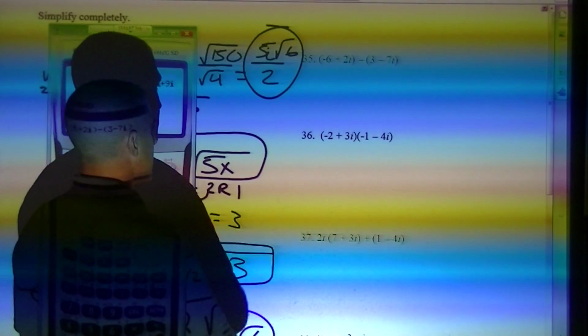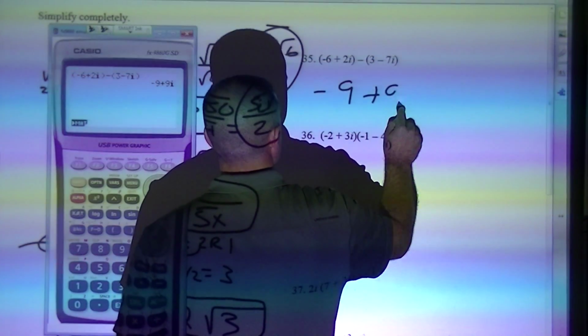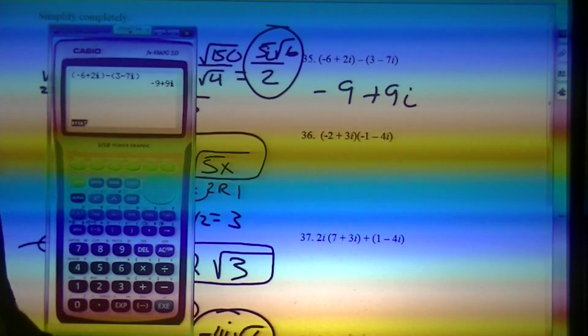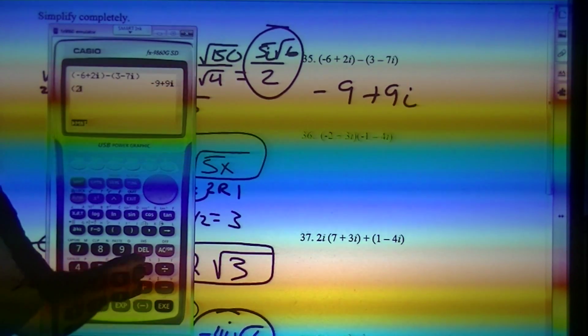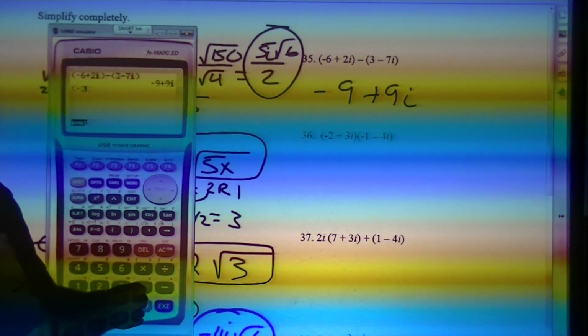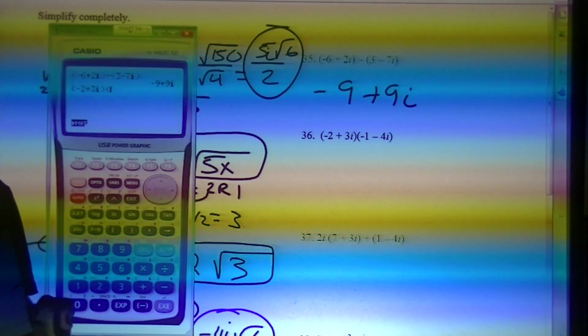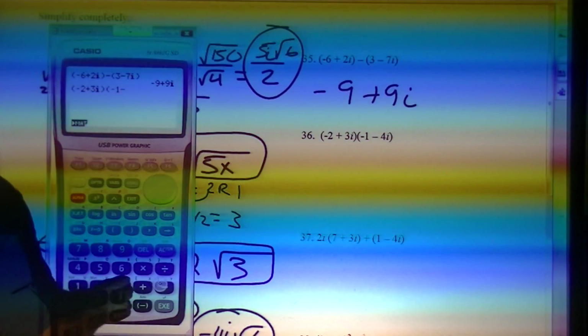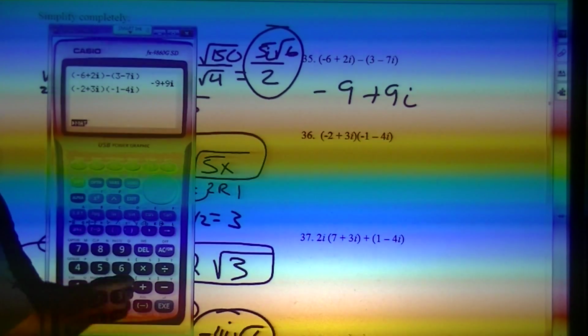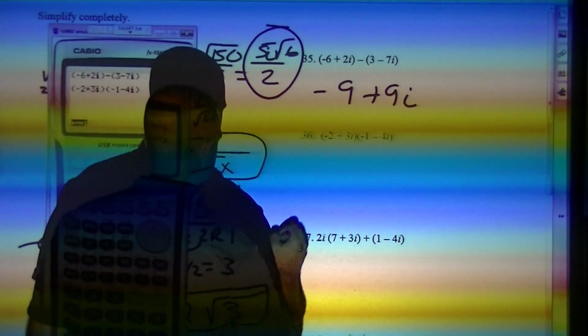Okay, so that's the answer there. Okay, I'm going to do the multiplication. All you got to do is make sure you're typing it in there correctly.